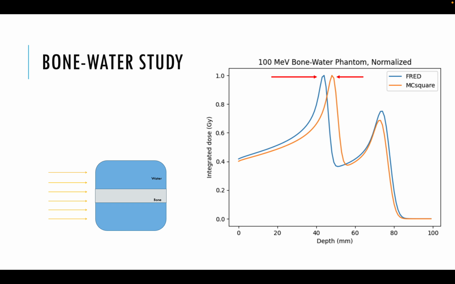So that can be fixed. They will completely agree, and this difference may decrease to maybe 4 millimeters or 3 millimeters. But that is one area I have to analyze, why I am having this difference in these two dose engines.